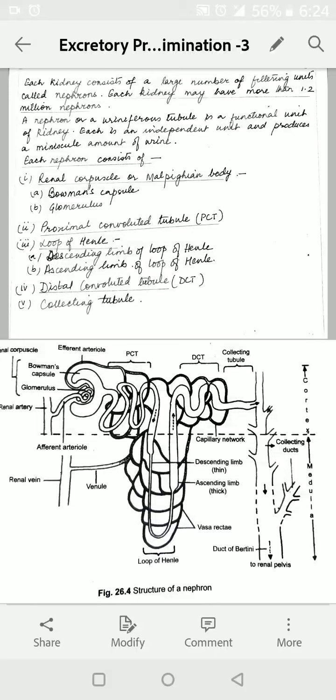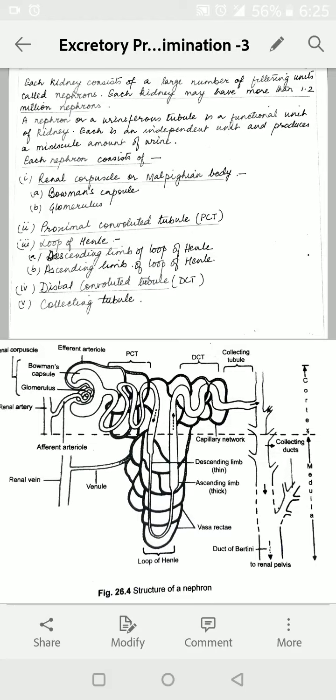This leads into the proximal convoluted tubule, which is abbreviated as PCT. I will be telling you details about each part with reference to this diagram shown to you here. But first, I am just telling you the 5 major parts of the nephron.